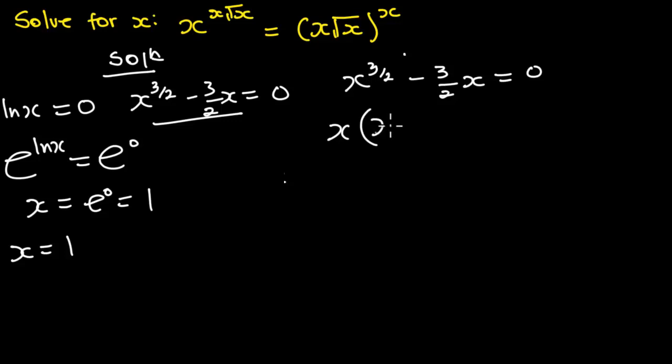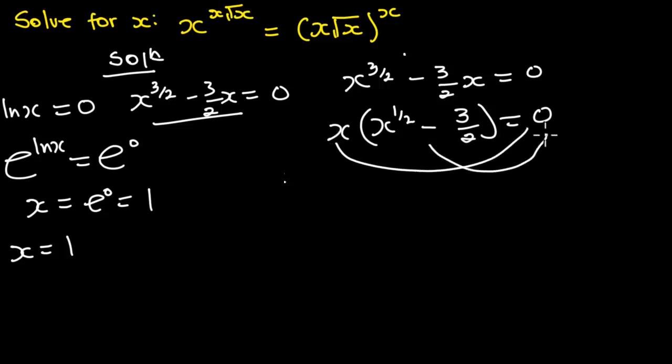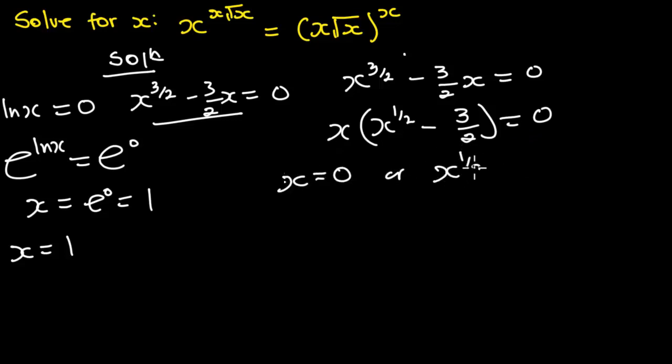Here we are going to be left with x to the power half minus, then here this x will go away, so we are going to be left with 3 over 2 is equal to 0. Now you can also equate this to 0 and also do the same for this. So let's go ahead and do that. So you are going to have x to be equal to 0, or we are also going to have x to the power half minus 3 on 2 to be equal to 0.